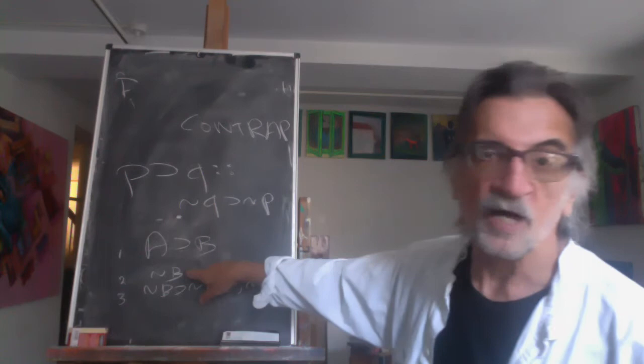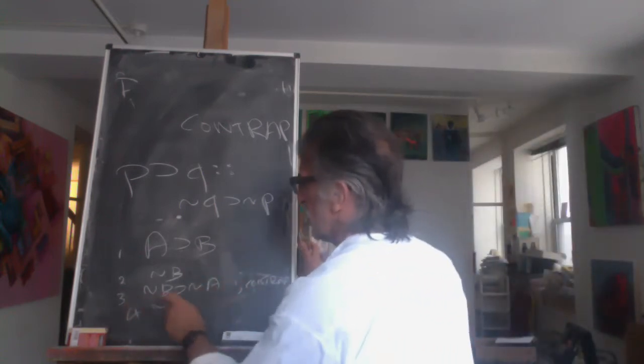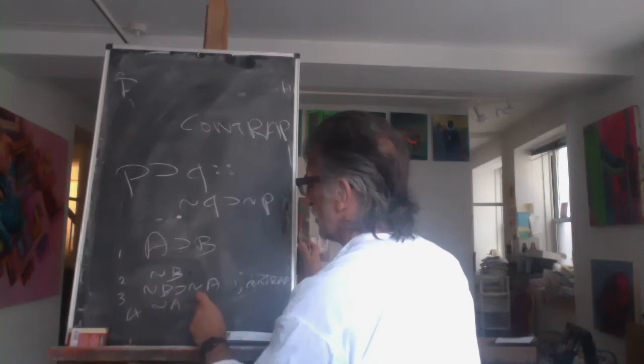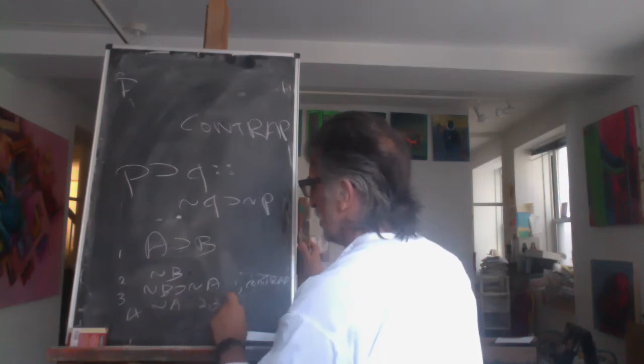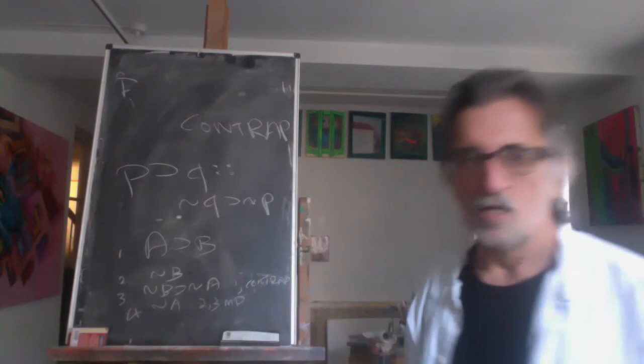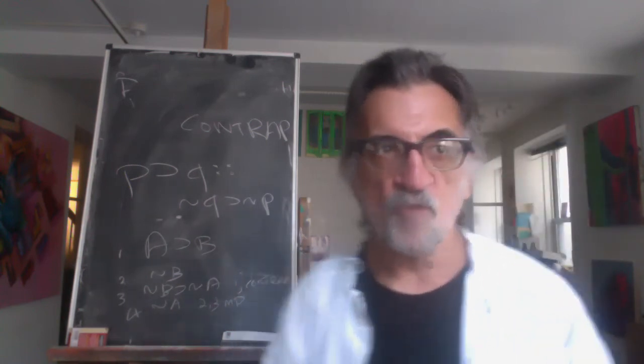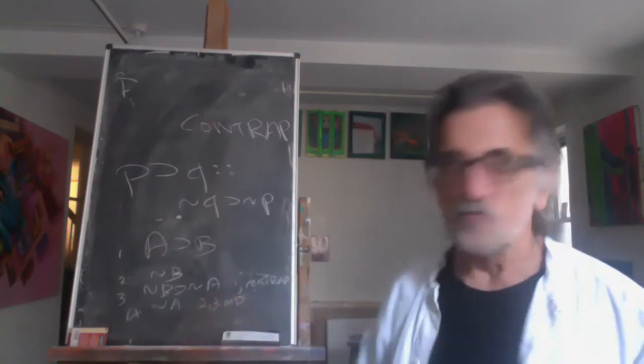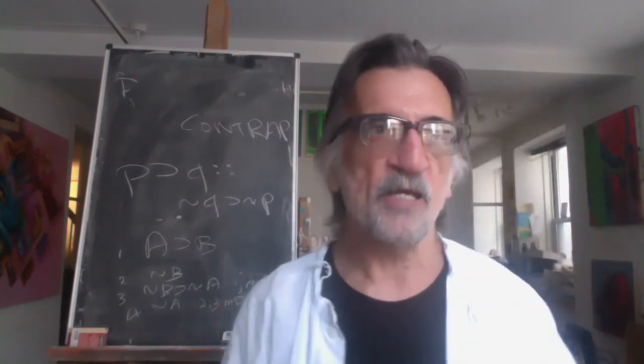And then coming back to the second premise, from lines 2 and 3 and using modus ponens, we would get the negation of A.